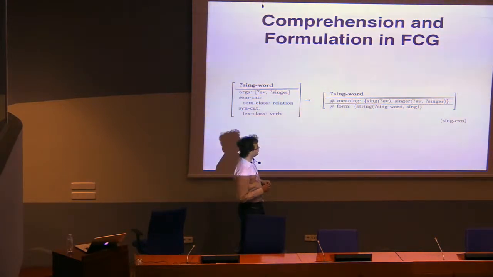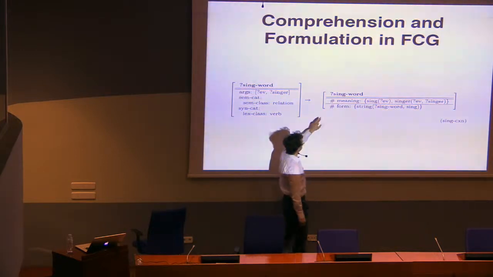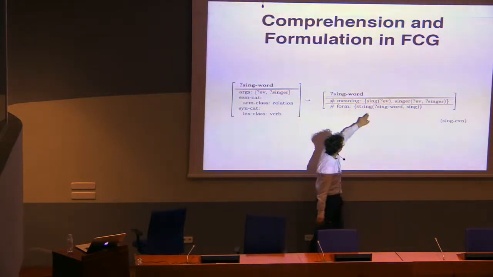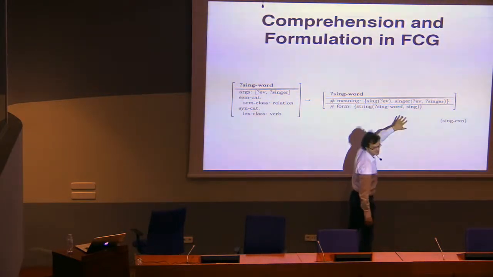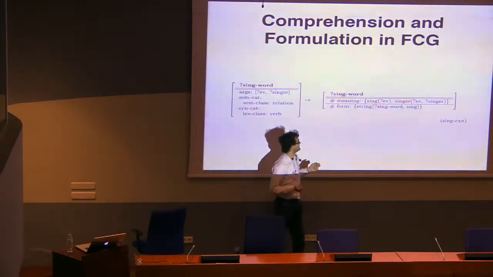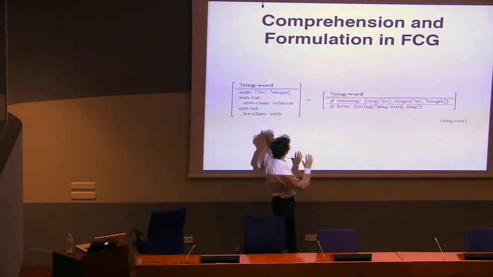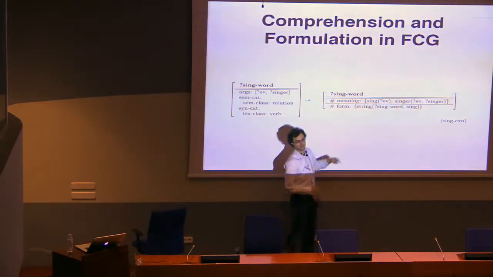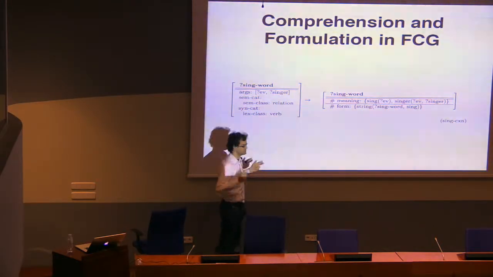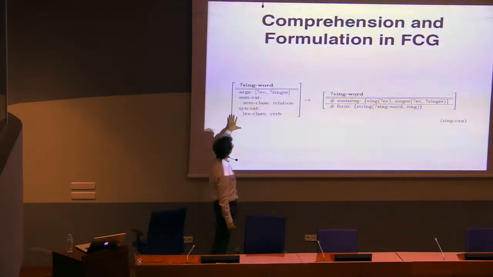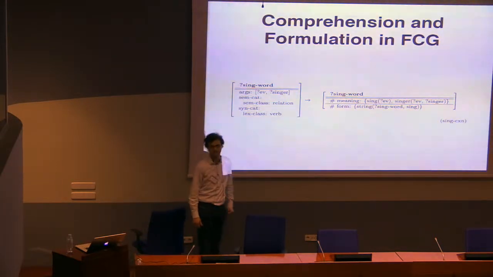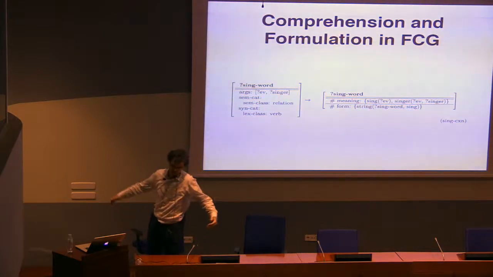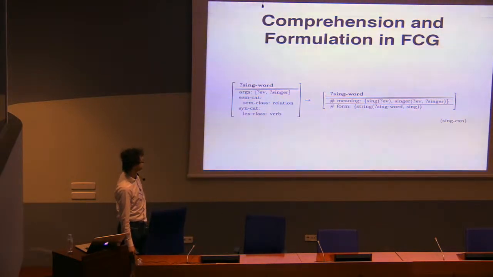So in comprehension, for the listener, the listener will, in this construction, look for a string "sing" in the input he gets. If he finds the string, this construction will apply. It will merge this meaning into his linguistic structure and also merge these semantic and syntactic features, categorizations.